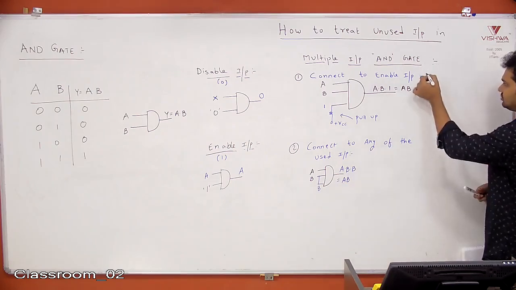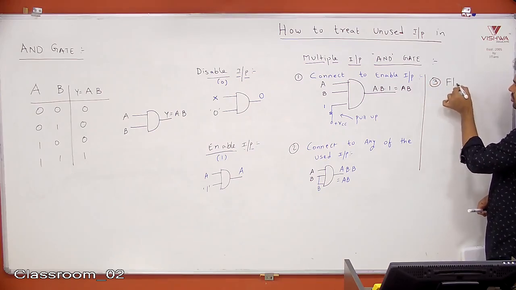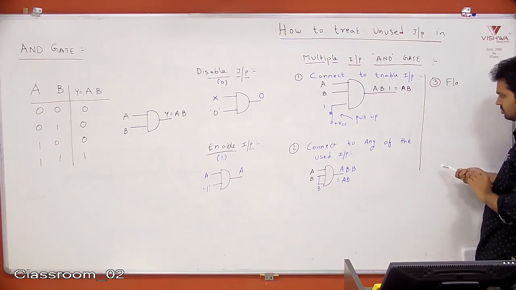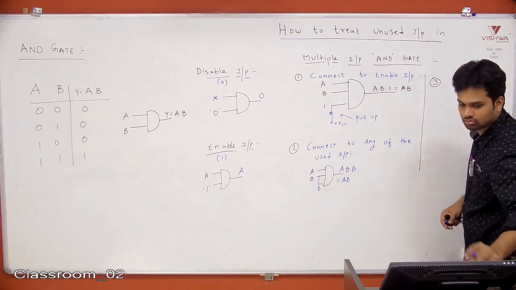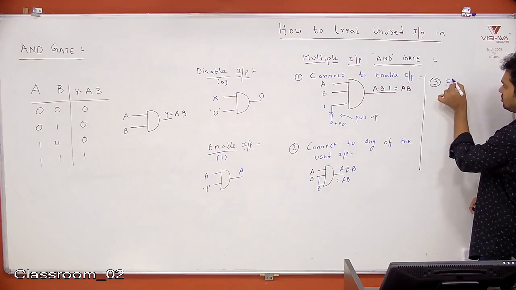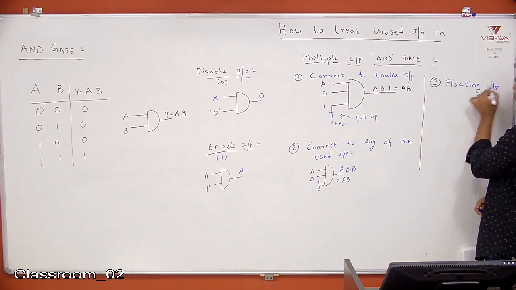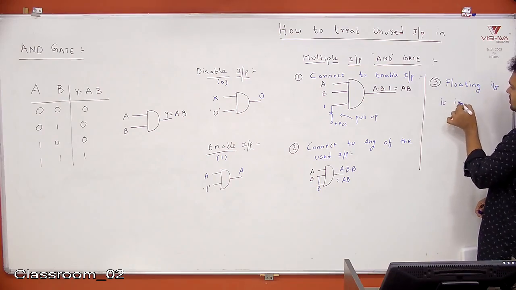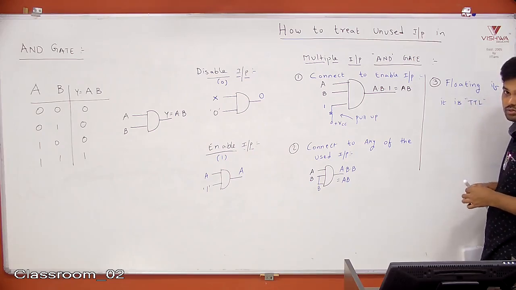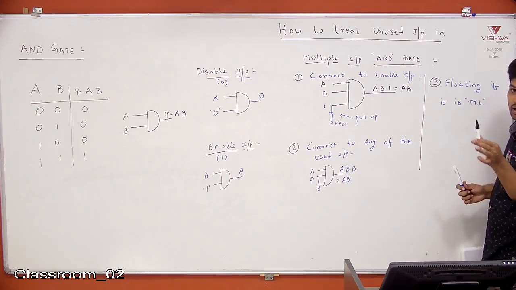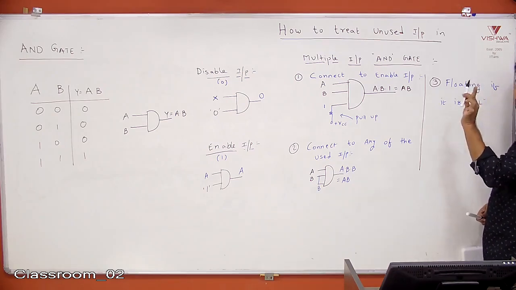Third one. Floating. If it is TTL. What is TTL? Just previously we have discussed the TTL logic family. In the TTL logic family, what is the floating input? We discussed, it is 1.